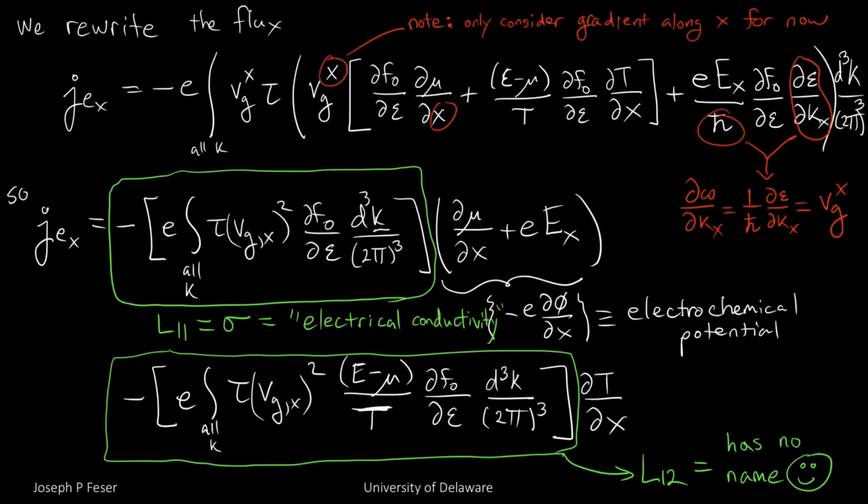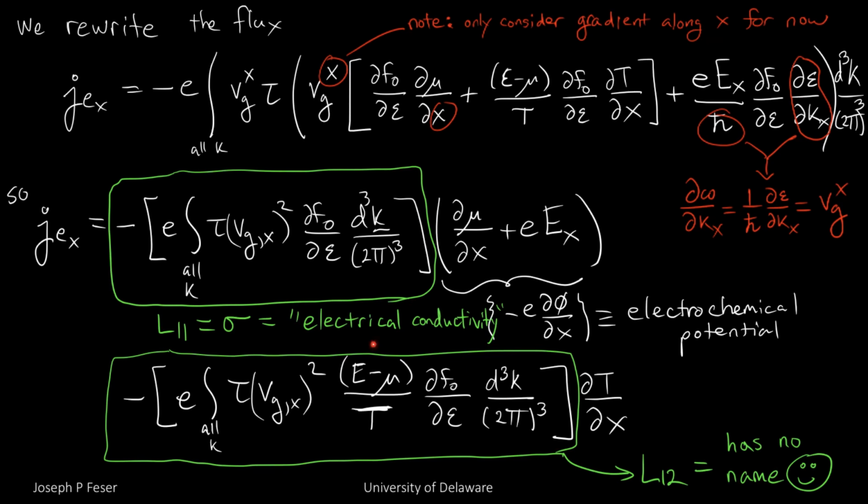And yes, if you have a burning curiosity about what the other two matrix components, L21 and L22, are, we will meet those shortly. They have to do with driving, instead of charge transport, energy transport of electrons using electrochemical potentials and temperature gradients as well. So we will meet those soon.